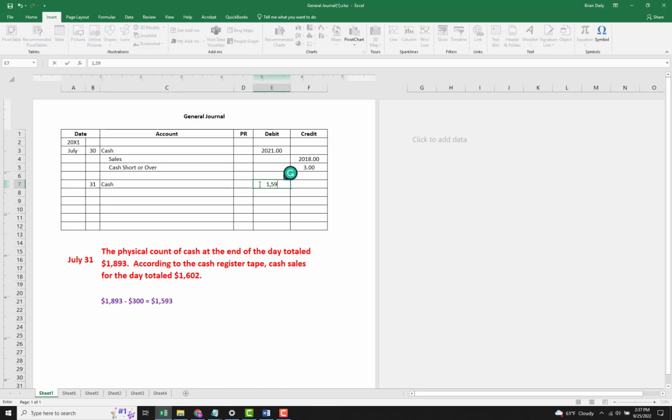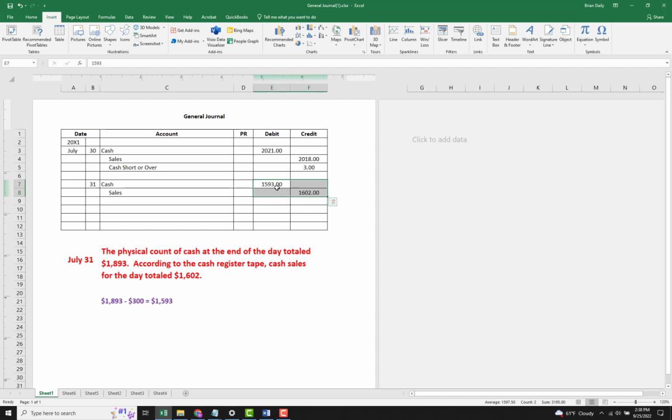And next, we think about the reason why the business gained cash. It's because they made sales, so we need to increase our sales revenue account, and we do that by crediting it, but we don't do it for the same amount again. Rather, we do it for the amount from the cash register tape, which was $1,602. Looking at this journal entry, we can see that it's not in balance.